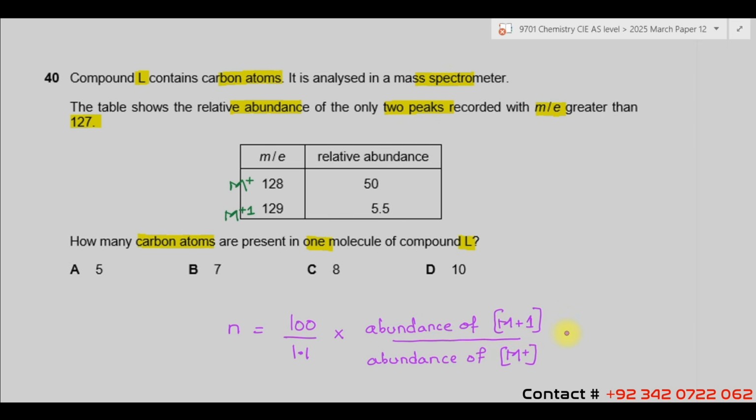Let's put in the values. 100 by 1.1 into this is 5.5 and this is 50. So this comes equal to 10. So there are 10 carbon atoms in this compound L.